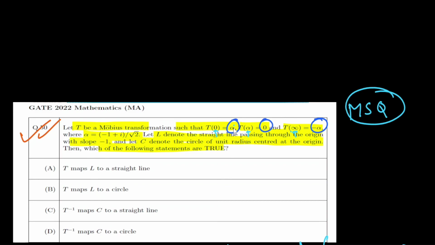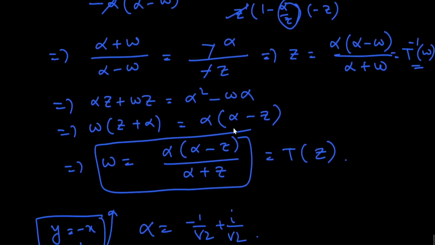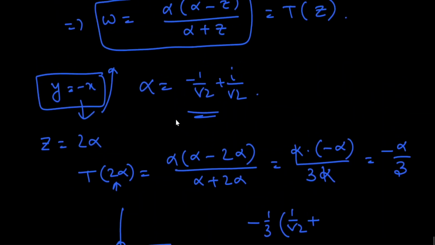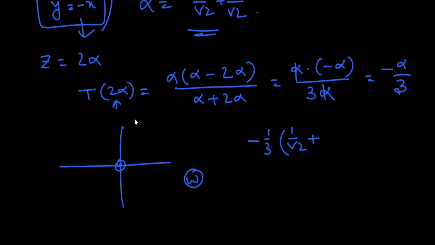it is given that T of alpha equal to 0. So T of alpha equal to 0 means the value of alpha should be 0 in the W plane, and T of 2 alpha gives minus alpha by 3, and minus alpha by 3 means minus of 1 by 3 into alpha, that is minus 1 by √2 plus iota by √2.